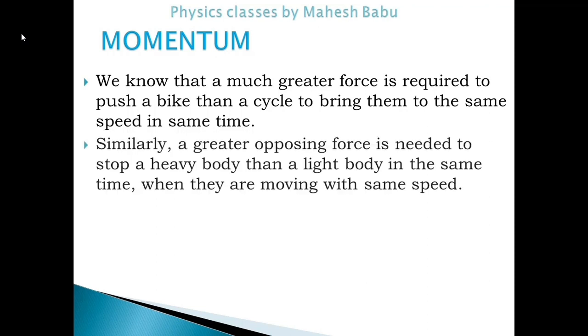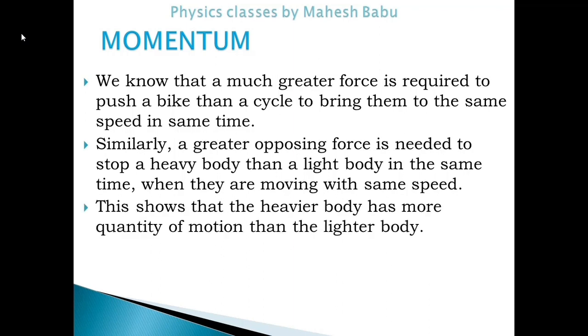Even with a heavy body and a light body, if they are moving with the same speed, to bring them to rest we should apply more force on the heavy body than the light body. More mass, more force is required. Less mass, less force is required.